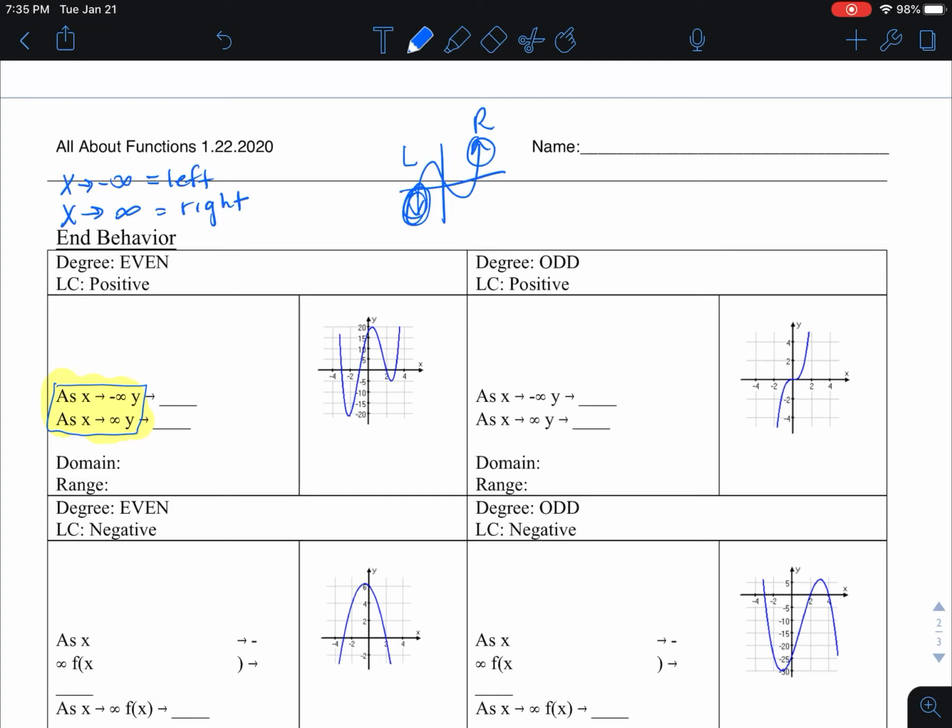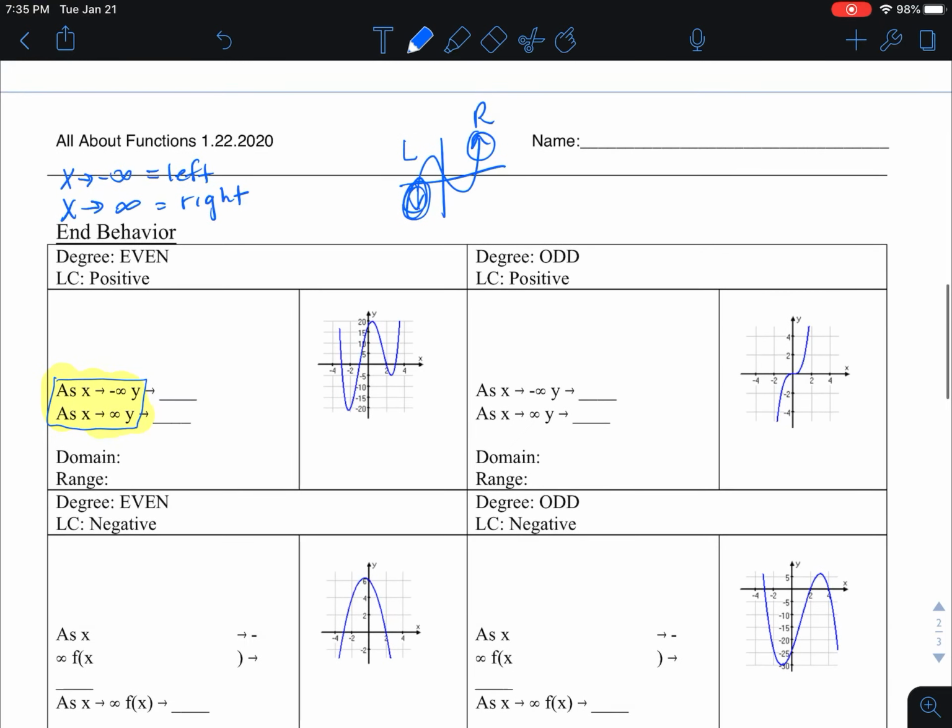As we look at this, we've got 4 boxes because we have 4 different cases, so you've got to pay attention. First, the degree is even and we have a positive LC, which is the leading coefficient.